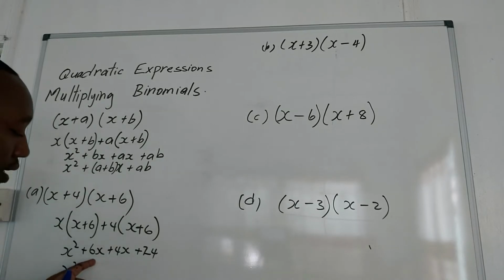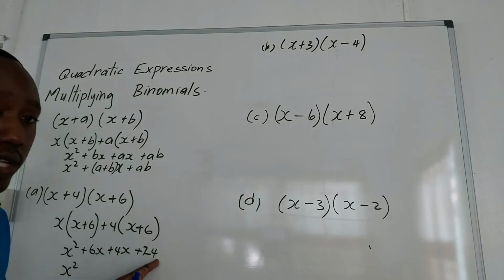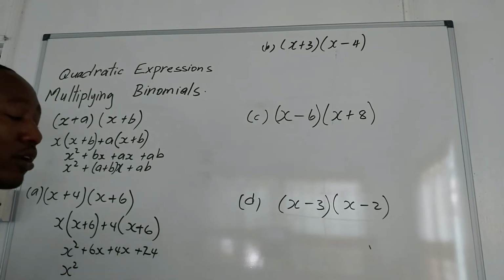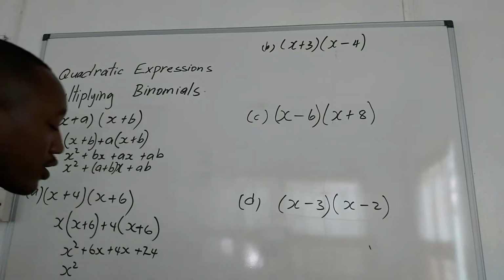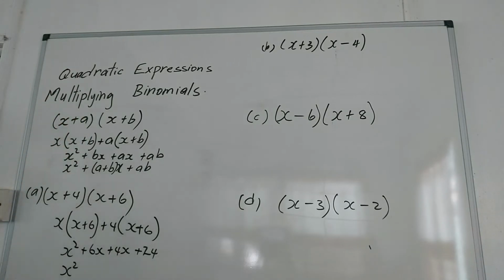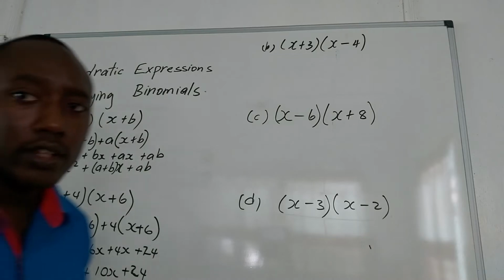Neither can we add 6x plus 4x plus 24 because 24 does not have the variable x with it. We can only add the similar variables. So 6x plus 4x will give us 10x plus our 24. And if we notice, we have a quadratic expression there: x squared plus 10x plus 24.